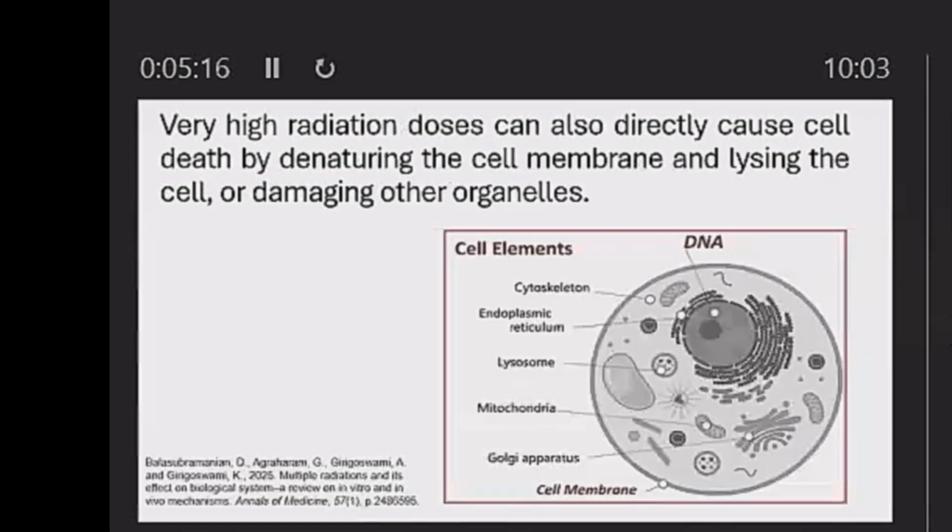And rarely, and only under very high doses, maybe above 2 grays or so, you have so much radiation and so much ionization that you can actually lyse the cell by breaking the cell membrane. Usually it's a cell membrane, and at other higher doses, other cell organelles can actually directly die from the radiation. But this takes a very high dose. It's usually the DNA, RNA, and mitochondria damage.